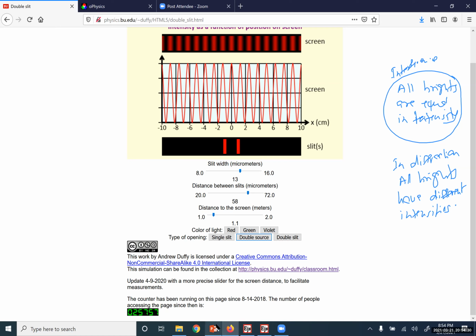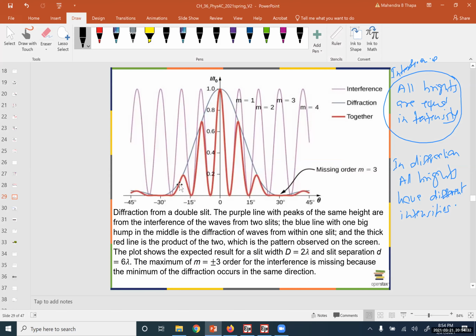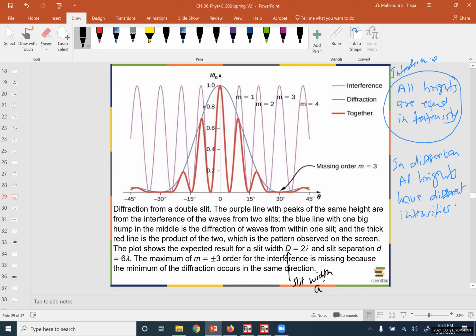Here D represents the slit width. In general, I use A, so A is just a symbol; we can use A or D, whatever. Based on that, at some point we see that they cancel the effect of each other.